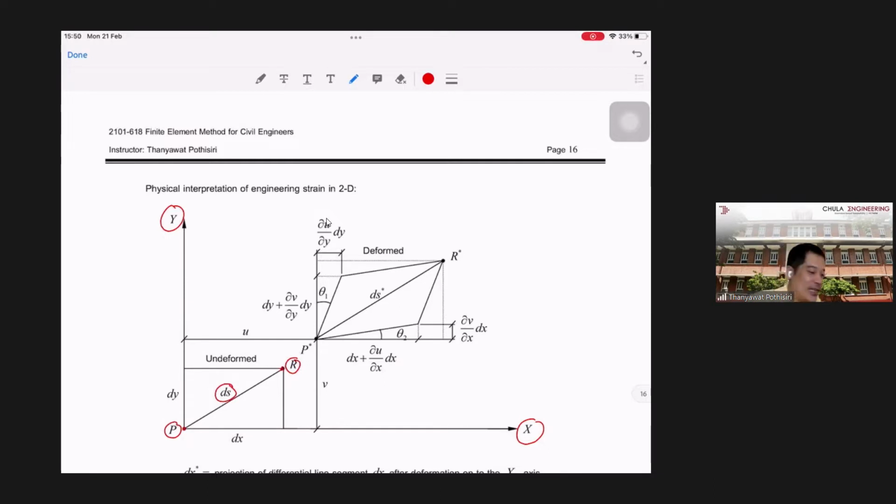Okay, and in each direction, you can have the component of this line segment in X direction as dx and dy in Y direction. Okay, and now when you track how this ds moves, you can also look at how dx and dy would change, right, under the displacement functions u and v.